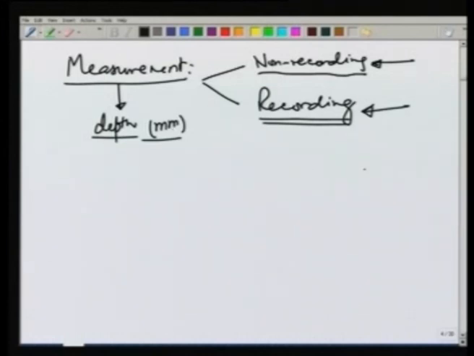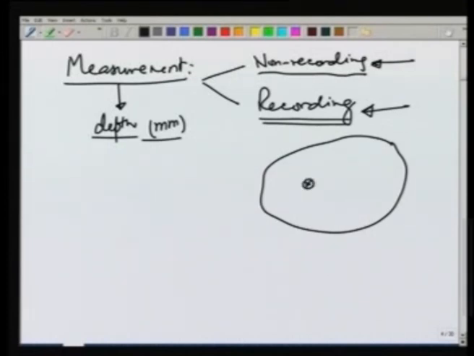The site for the rain gauge. So, suppose we have some area here and we want to install a rain gauge here. So, the rain gauge should be located properly, and when we say proper location, there are some requirements.